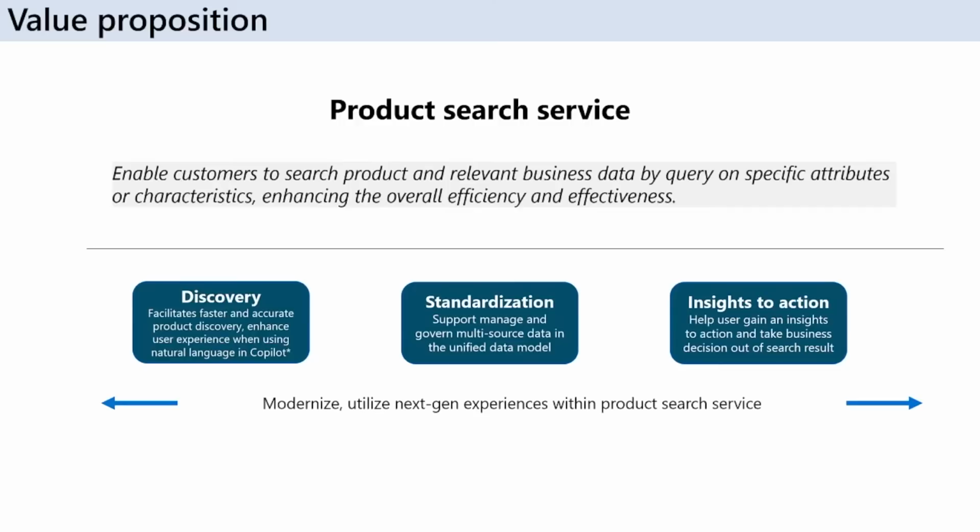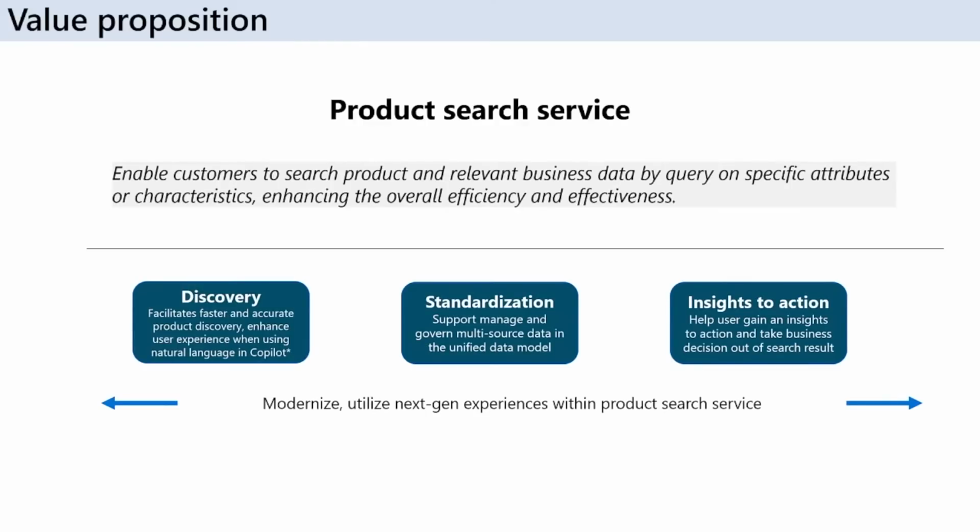We will cover it in the second part of this Tech Talk session, talking about Copilot. You will get more of an impression of how product search will empower the Copilot functionality. Users can use natural language to do the search. That's what we call discovery.